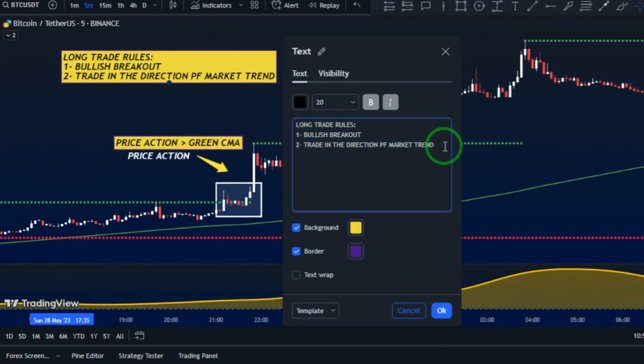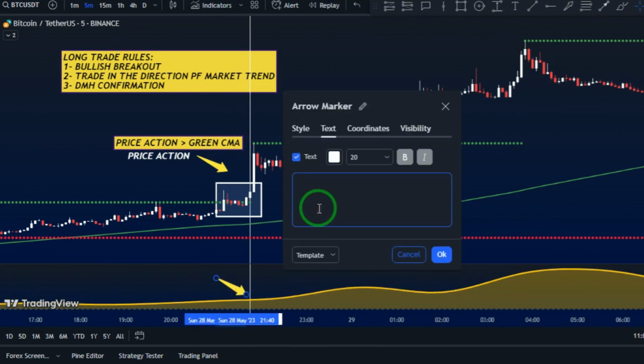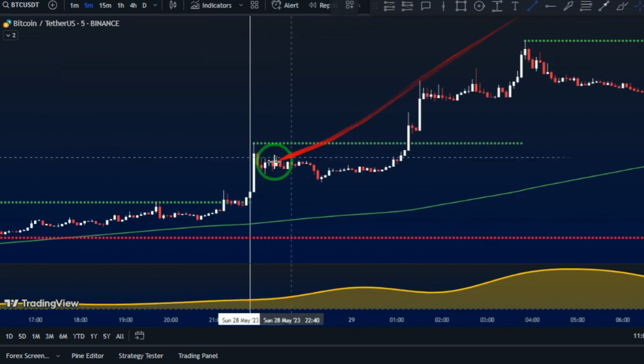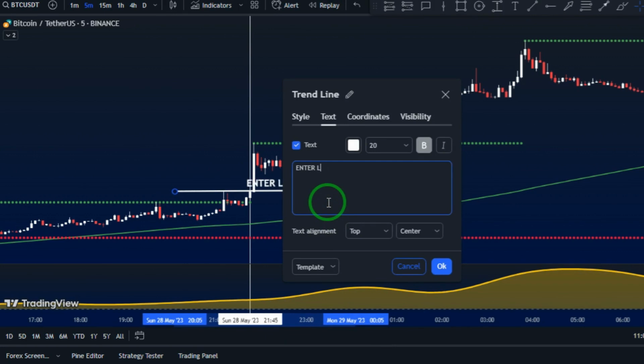Then for final confirmation, the DMH indicator needs to be green and above the zero line. So if all these conditions are met, we can enter a long trade.